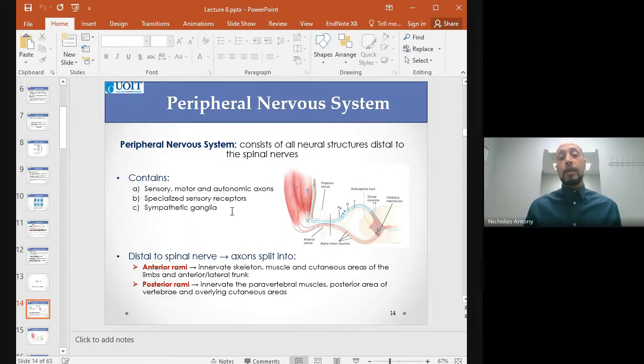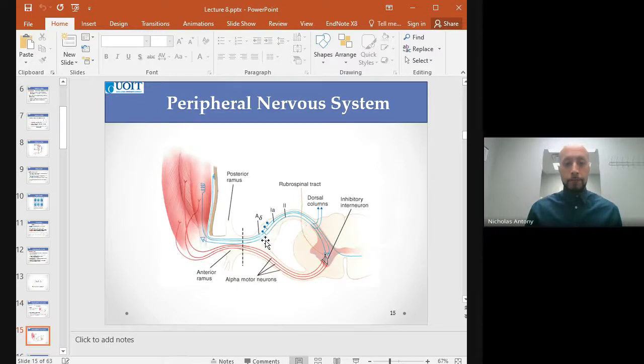For evaluating the peripheral nervous system, when the spinal nerves are exiting, here we see the dorsal root ganglion, and there's the ventral root. They're recombining to create a spinal nerve. This is where the vertebra would be, and then the spinal nerve exits. Once it exits the vertebral column, it divides into two rami, anterior and posterior.